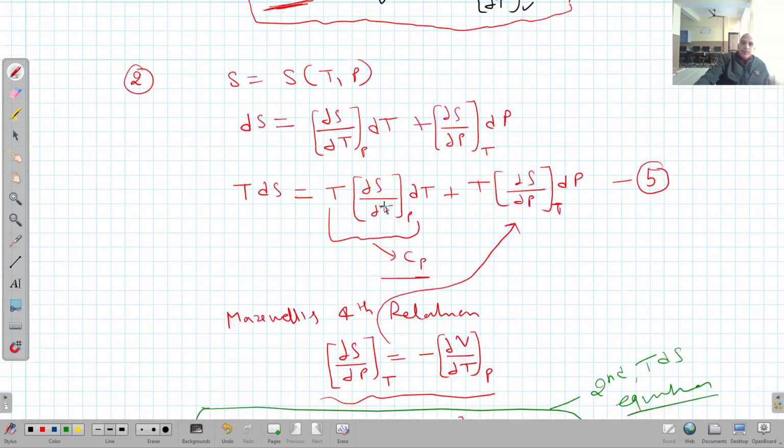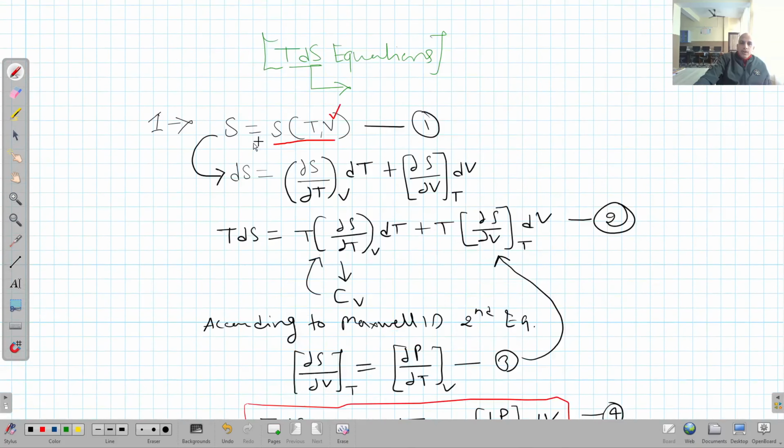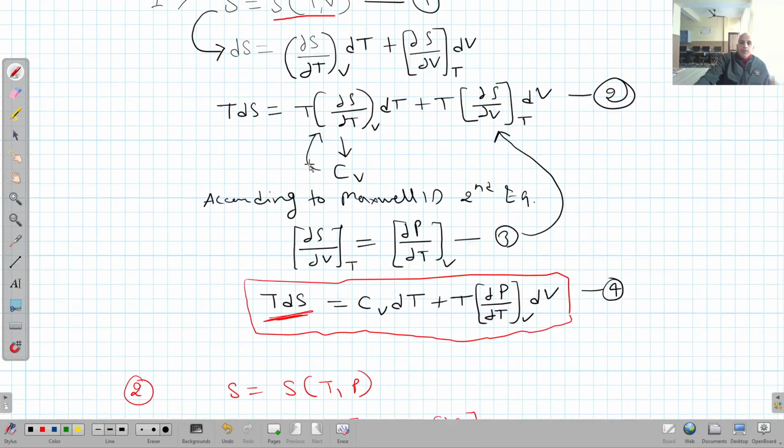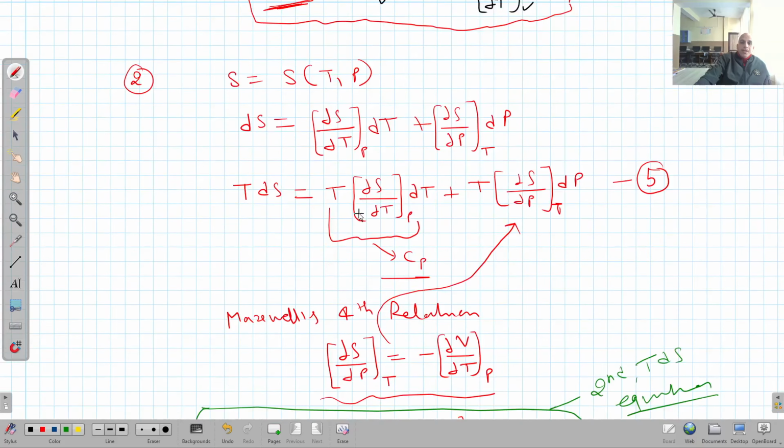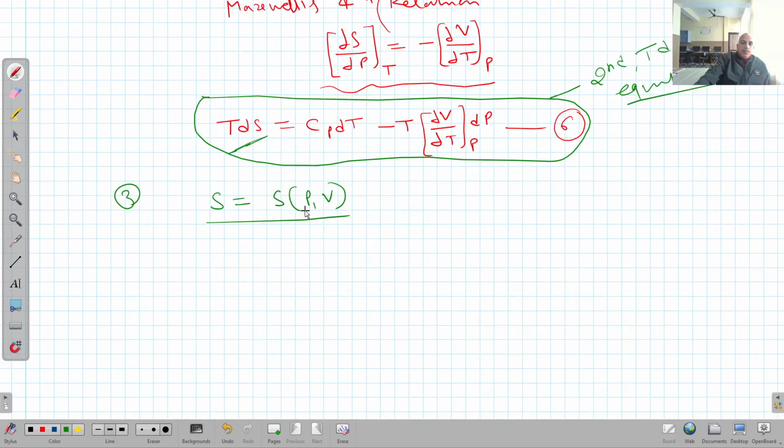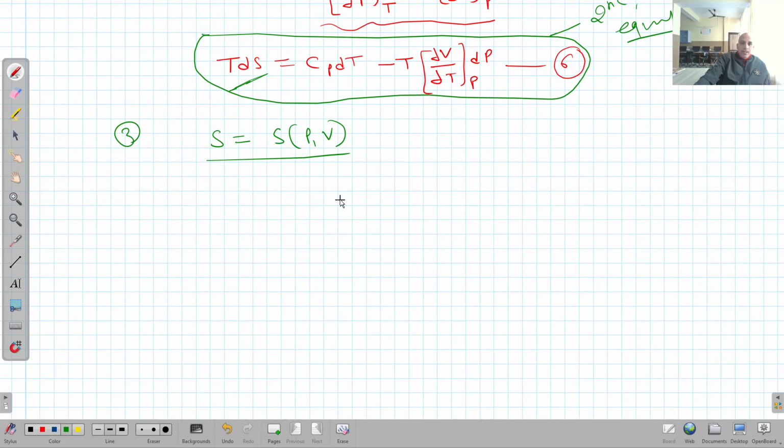In the first one, we took entropy as a function of temperature and volume. Then we took temperature and pressure. And now we are taking the third combination, pressure and volume. Clear?